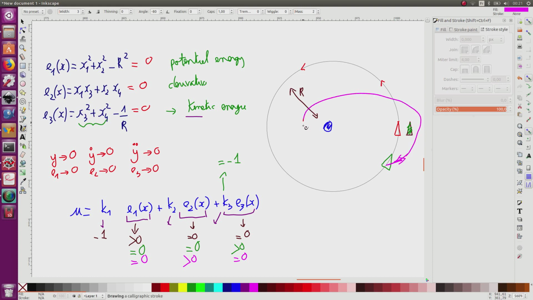I can draw something like this. My satellite is oriented like this. So again, I should slow down at this level, not to go outward, but to try to stay inside the right circle. This is why here again I should put something negative, like for instance -1.